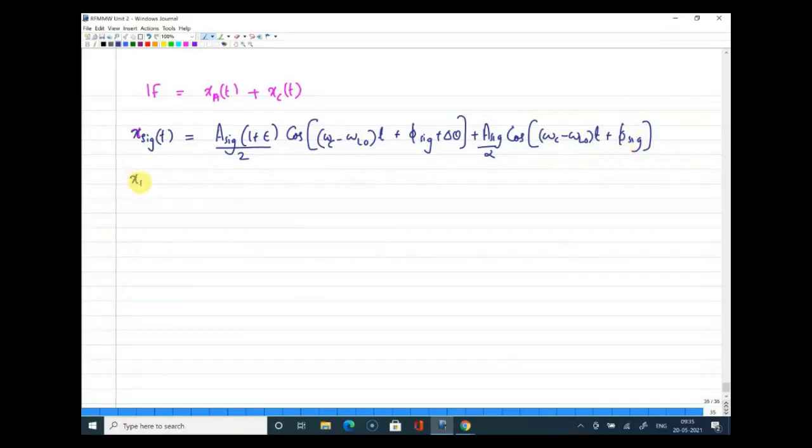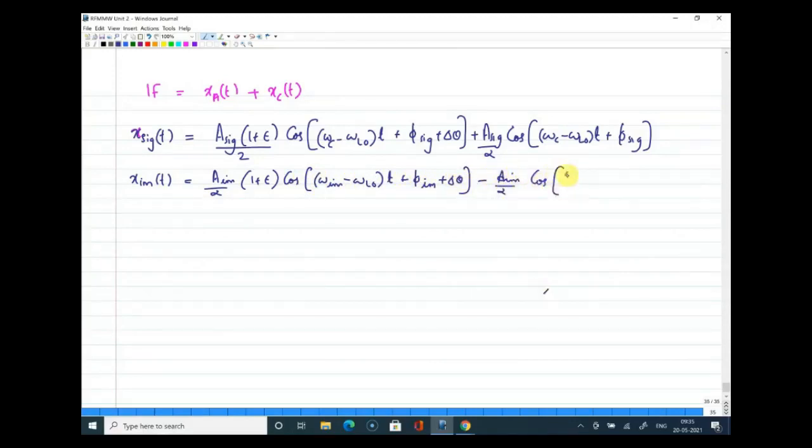Similarly, if I separate the image component, I'll get it as A IM by 2 into 1 plus epsilon into cos of omega im minus omega LO into t plus phi of im plus delta theta, minus A im by 2 cos of omega im minus omega LO into t plus phi im.